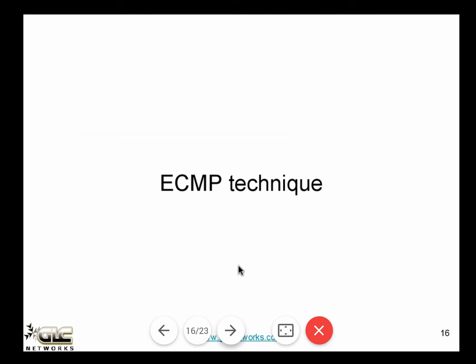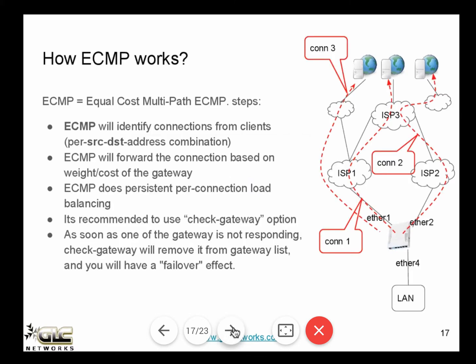Now let's talk about the ECMP technique. How does ECMP work? ECMP stands for equal cost multipath. So ECMP will identify connections from clients.